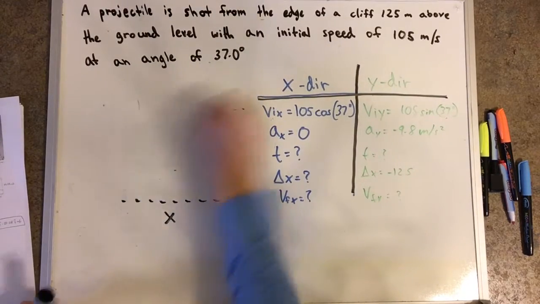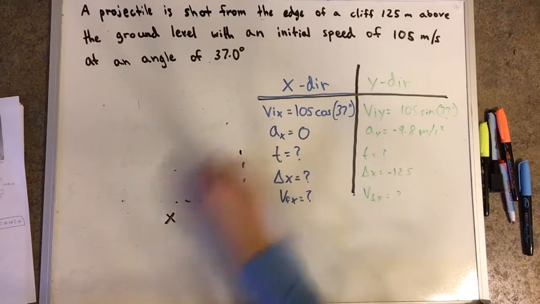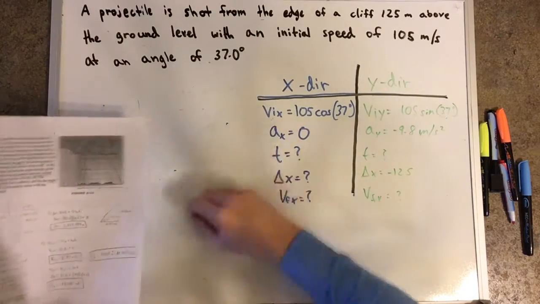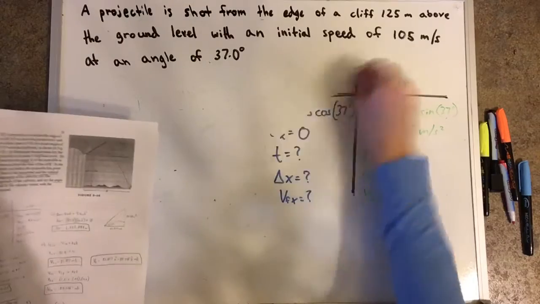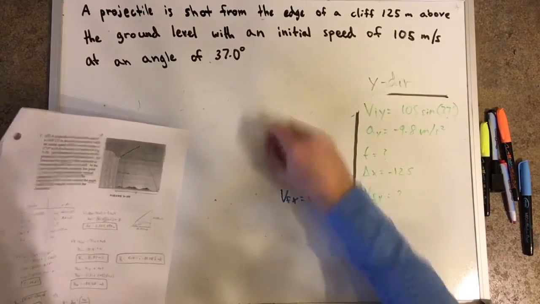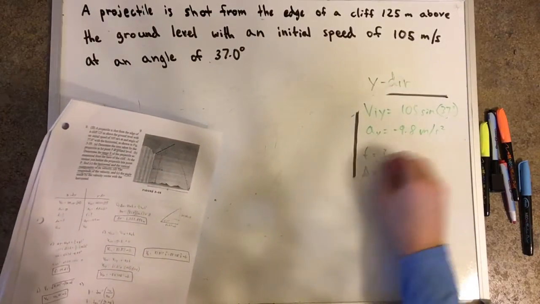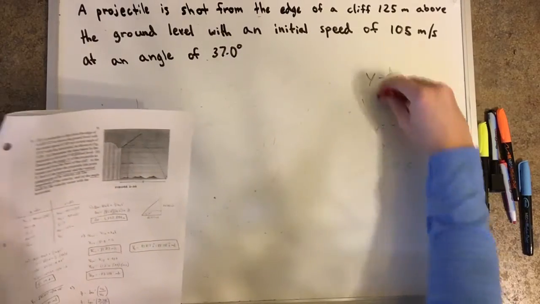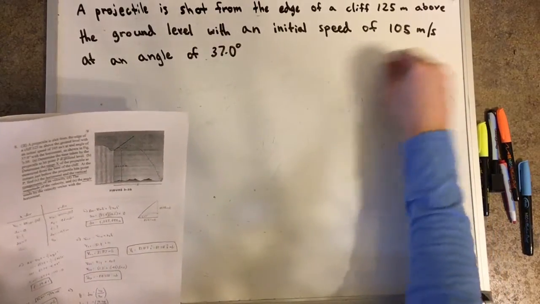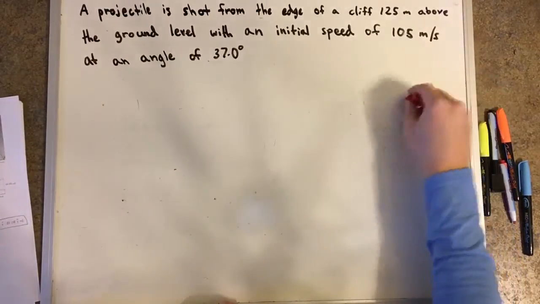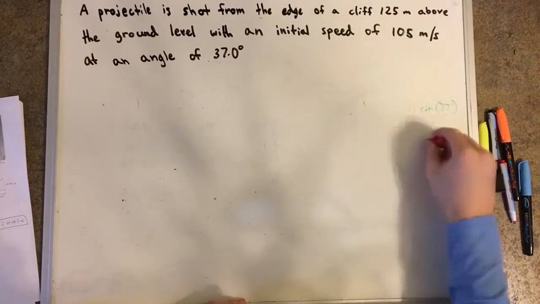Next, we are going to find the first part of the problem, which is time, taken by the projectile to hit the point P. Point P on this problem is at the very, very end where the object lands.